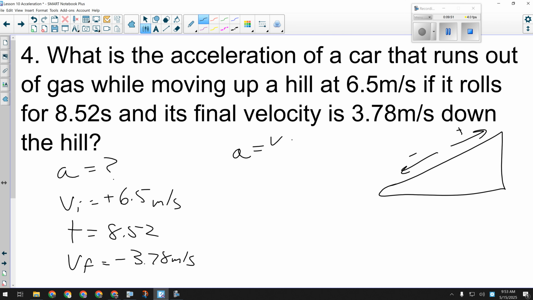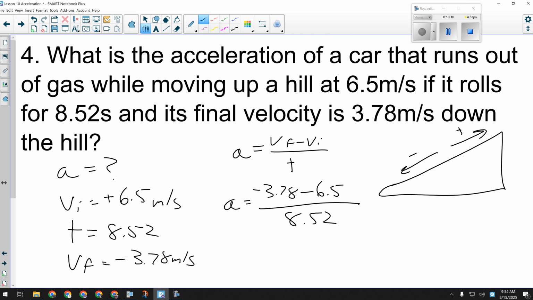Now, as we said for this one, the math is actually quite a bit easier. At least the algebra is, because you don't have to do any manipulating of the equation. We just have to plug in our numbers. This is the tricky part. VF has to be negative because it's down the hill. So negative 3.78 minus 6.5, positive, and then divide that by 8.52 seconds.